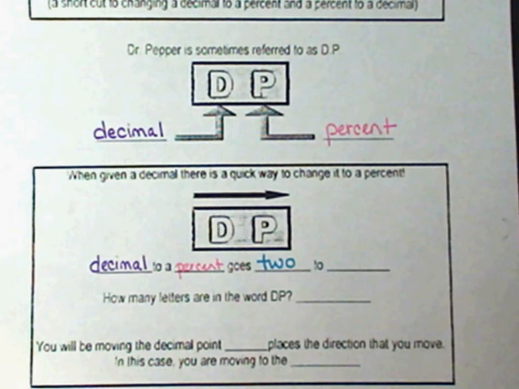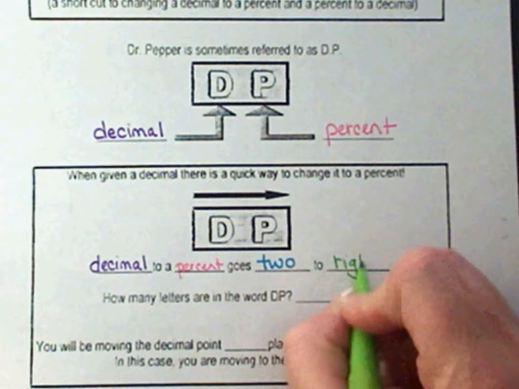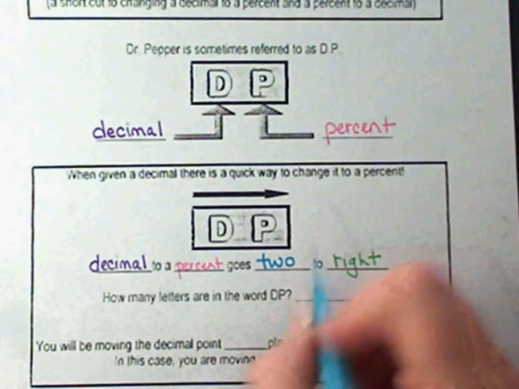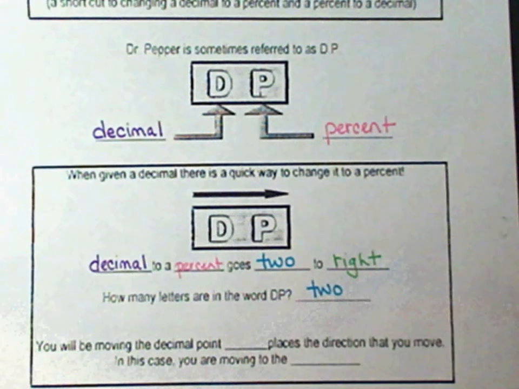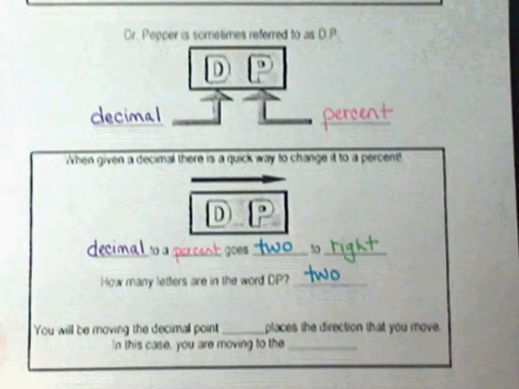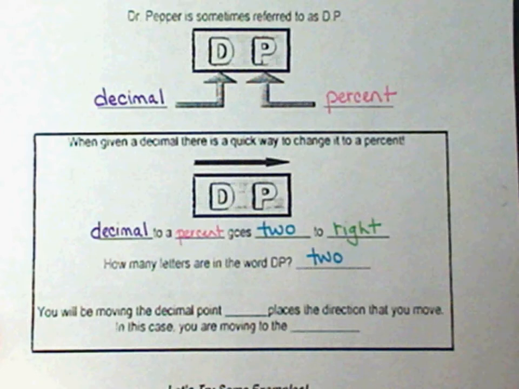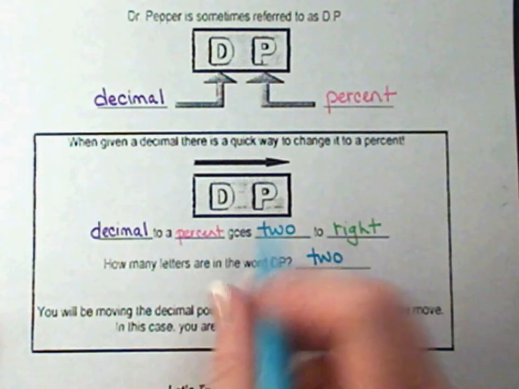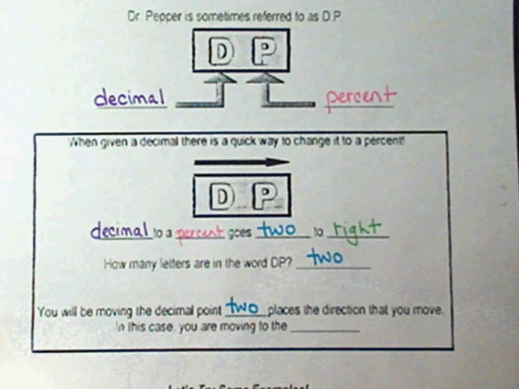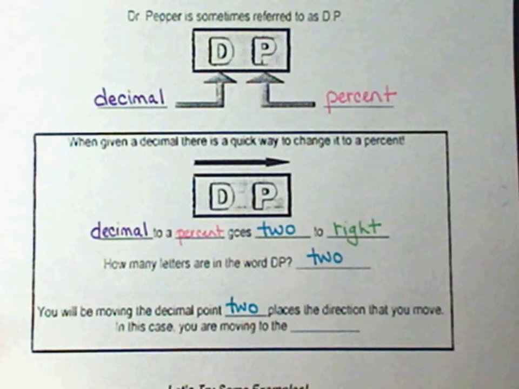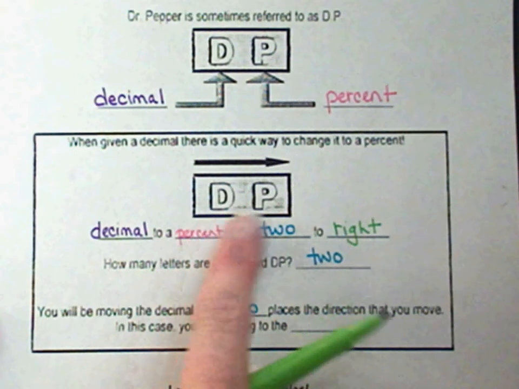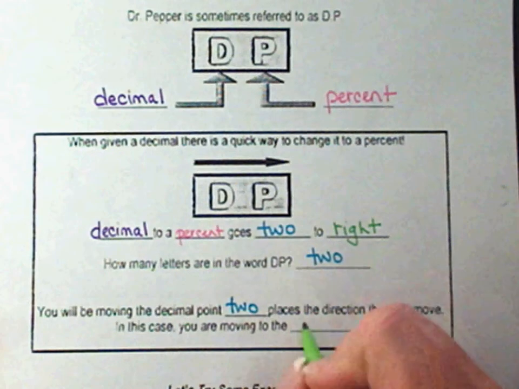And I'm going to move 2 spaces. What reminds me of the 2 is there are 2 letters in DP. So decimal to percent is going to go 2 to the right. We're going to remember that because there are 2 letters in the word DP.